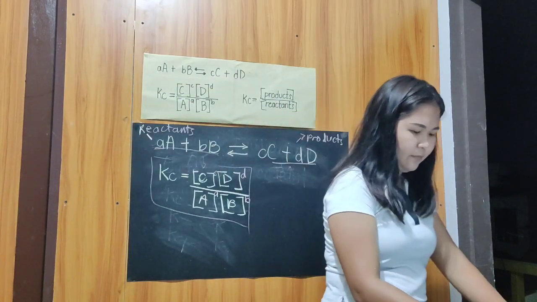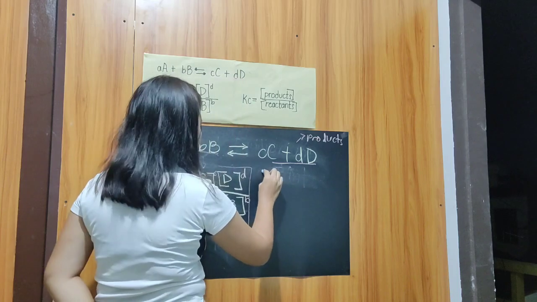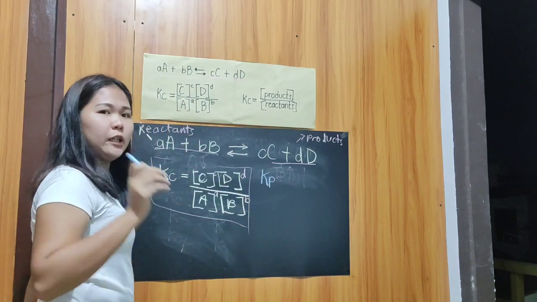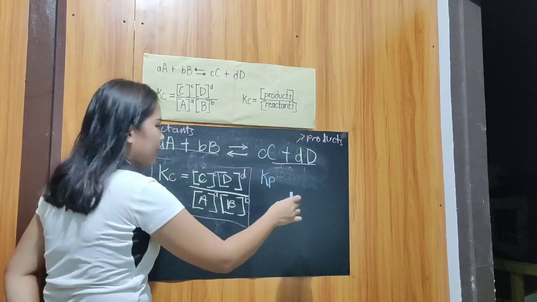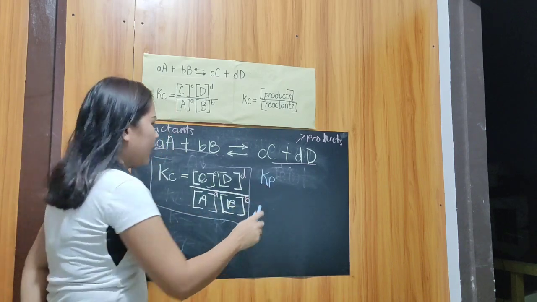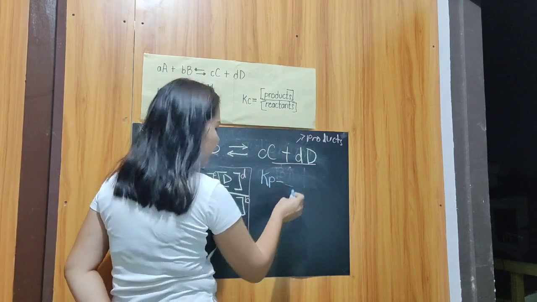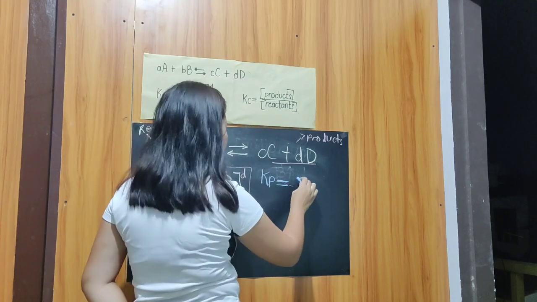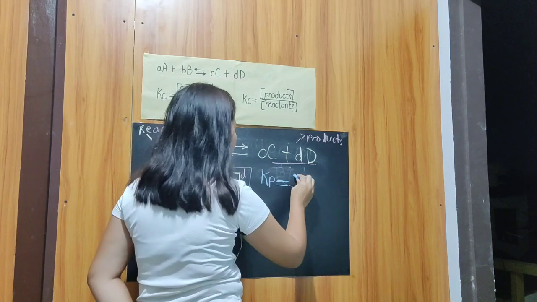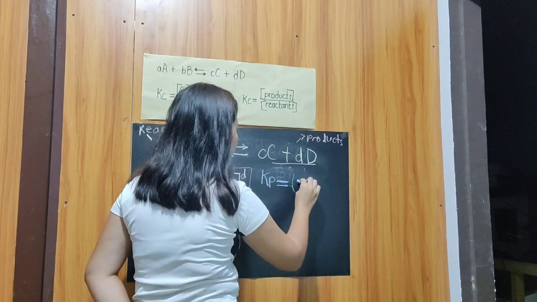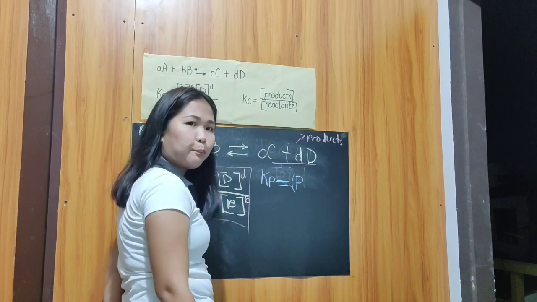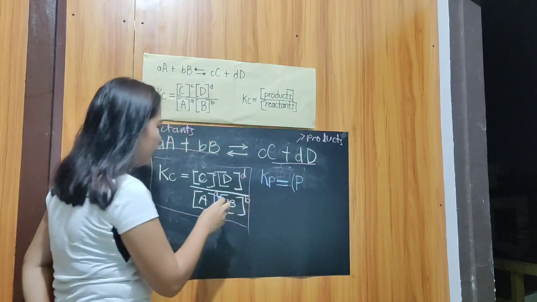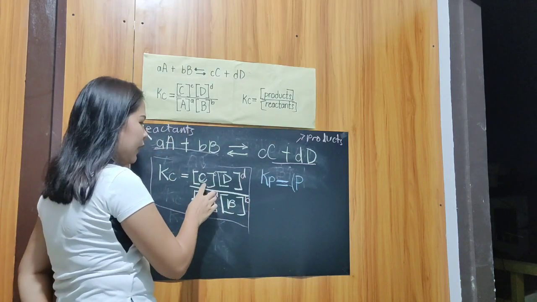Kp, meaning equilibrium partial pressure. Okay, so Kp is equal to, open and close parenthesis, capital P, meaning partial pressure, and then copy lang.